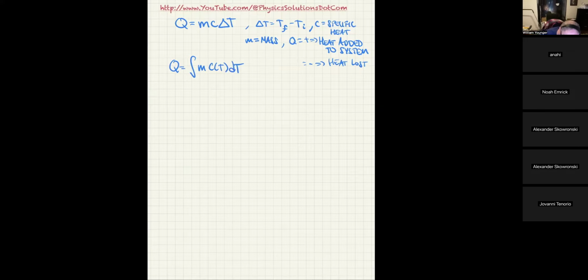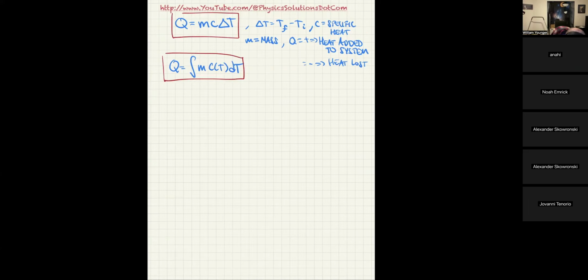So those are your two equations that you could use. Occasionally, I will see a homework problem where you're supposed to use Q equals the integral of m C of T dT, but that's just about it.